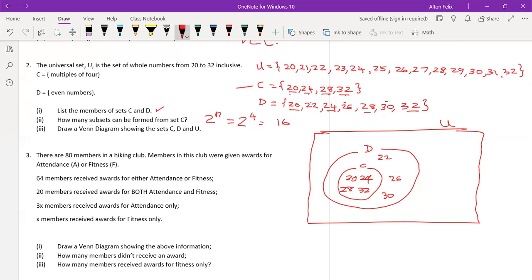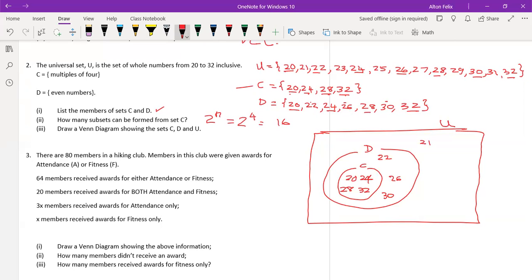Right, now that we have written all these members, which will be even numbers basically, in set D, then all that is left is to place those numbers outside of that set D, which will basically be the set of odd numbers.